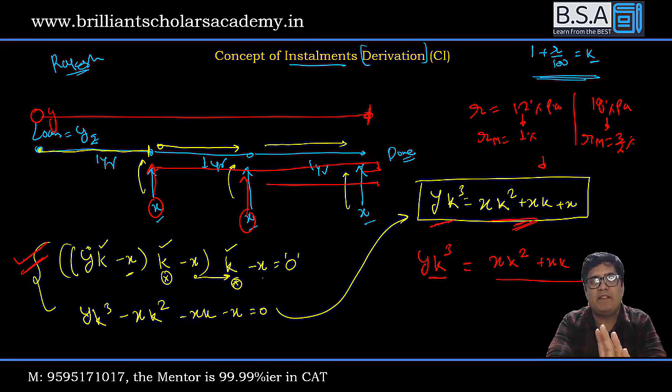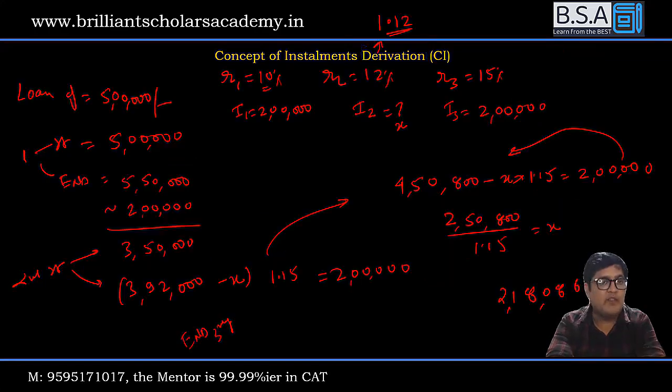If you have same rate of interest, do not deviate from the path. Use that formula to get the answer. This reducing balance approach, the proper derivation approach, is used when R is changing. R is not the same. Comment done, let me know.